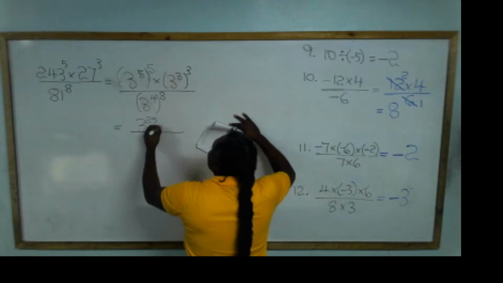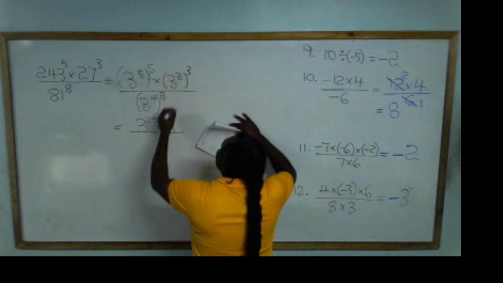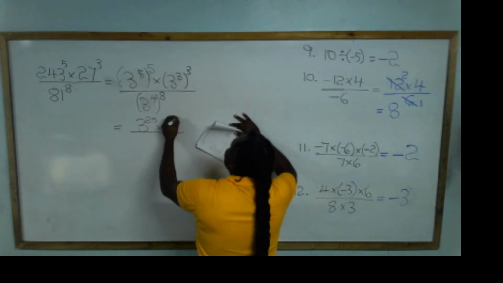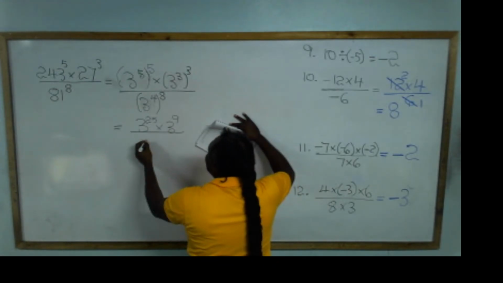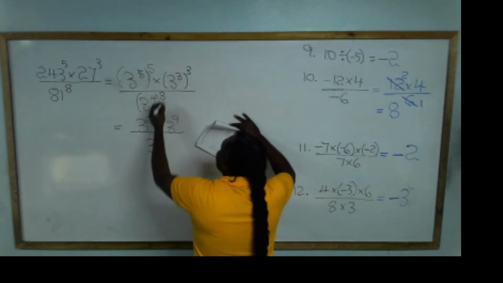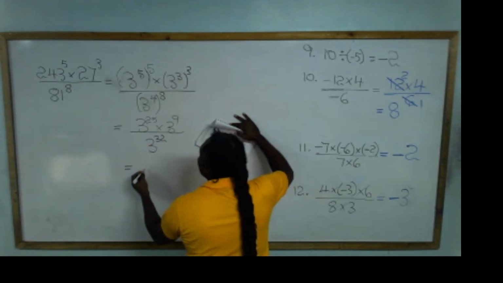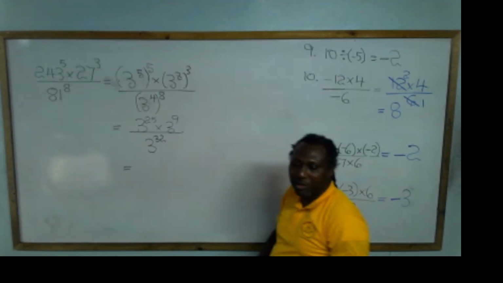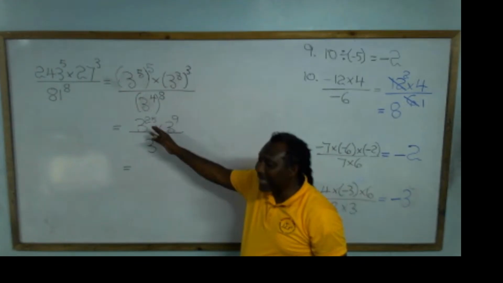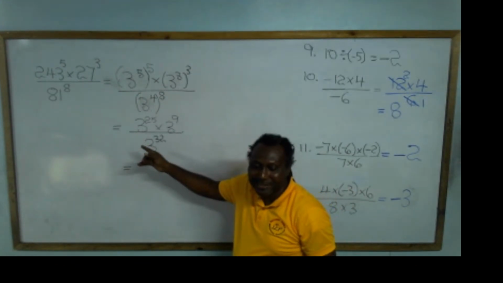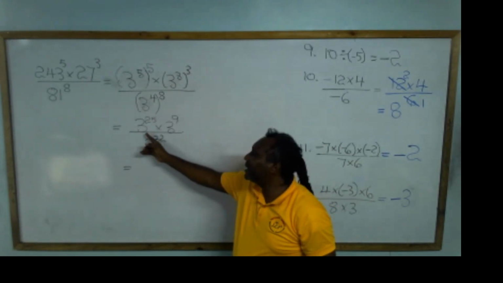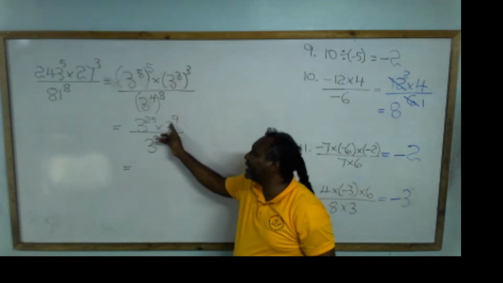We're going to have 3 and 3 times 3, that's 9. Then we have 3 again and 4 times 8, 32. When we multiply numbers that have the same base, we add the indices.